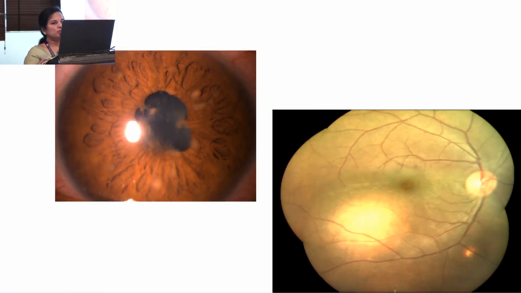Now coming to the other major cause for anterior uveitis, tuberculosis. It usually presents as granulomatous, but it can present as non-granulomatous uveitis also, with iris Busacca or Koeppe nodules and posterior synechiae. Fundus choroidal lesions may or may not be there.